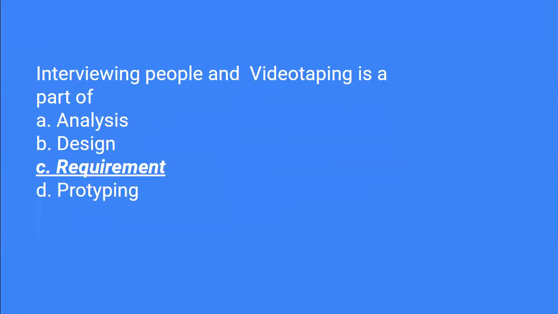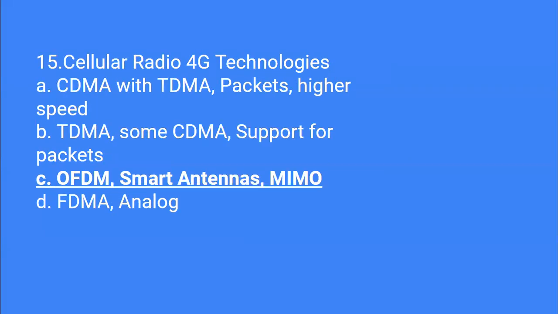Interviewing people and videotaping is a part of: the options are analysis, design, recruitment, prototyping. The answer is recruitment because people telling things are recorded as videotaping and some other things. It will be a requirement for the project. Cellular radio 4G technologies.